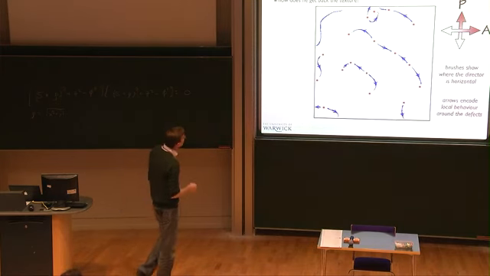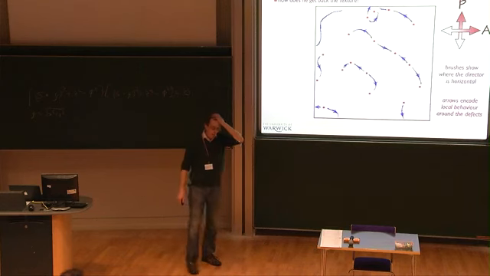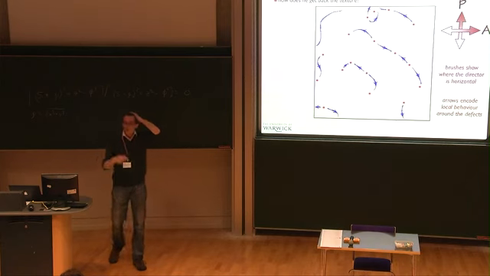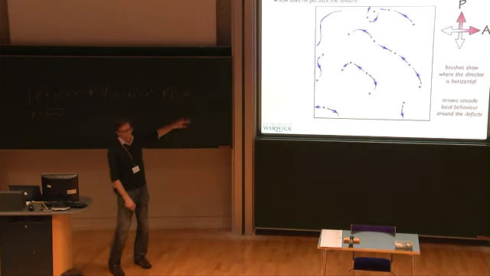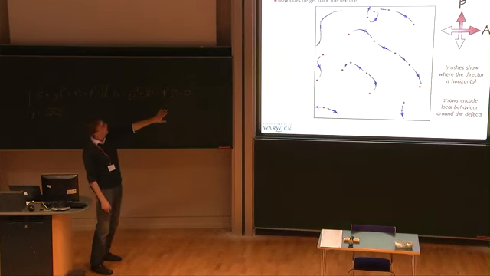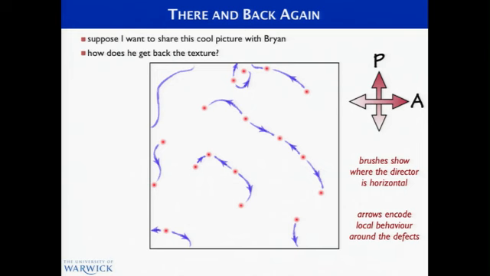What's important about this is that it's a two-way process. You get to start with a texture and turn it into some pattern of lines like this, but you also get to go backwards. Suppose I start with this picture and I send it to Brian, and he has no idea that it came from some Schlieren texture, and I ask him to reconstruct what's going on. He's supposed to be able to start with this picture and put back the director field everywhere. That's relatively straightforward because we know the rules that went into making this, so we can just reverse the process.